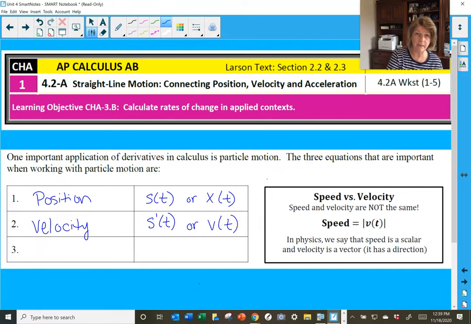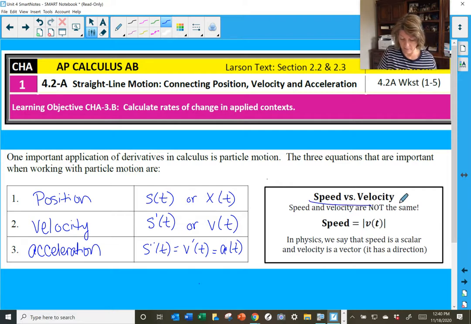So those are common notations. And acceleration. So it's the second derivative from position, or first derivative from velocity, finally lands us at A of t.